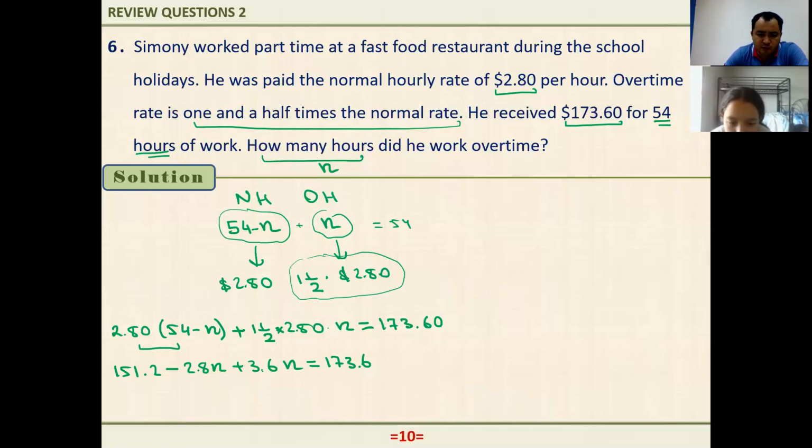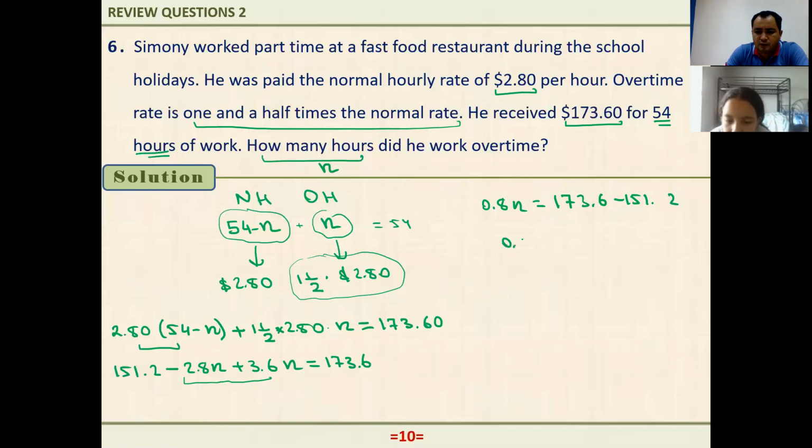So here we have 4.2 minus 2.8. Negative 2.8 plus 4.2. It is like 42 minus 28. So that's equal to 1.4n. On the right-hand side, we have 173.6. And take this number to the right-hand side, minus 151.2.